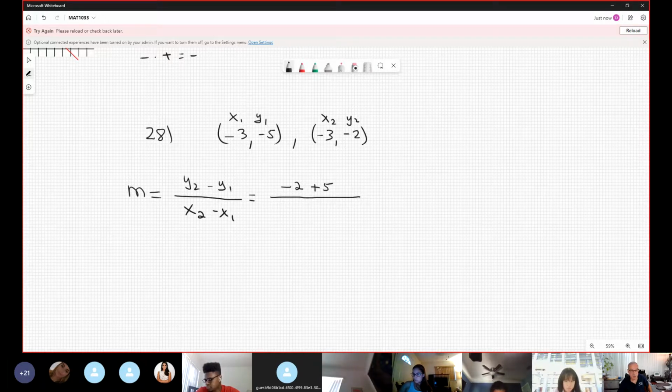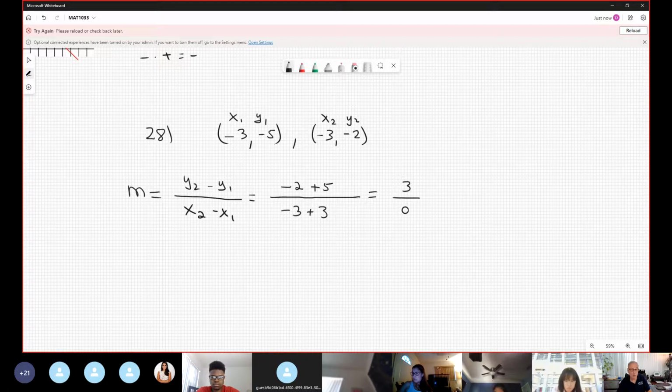At the bottom, who is x2? Negative 3. Minus, who is x1? Negative 3. And again, the same situation, double negative become positive, right? Yes. And the top, we have 5 minus 2 is 3 positive. Here in the bottom, is 0, because 3 minus 3 is 0.